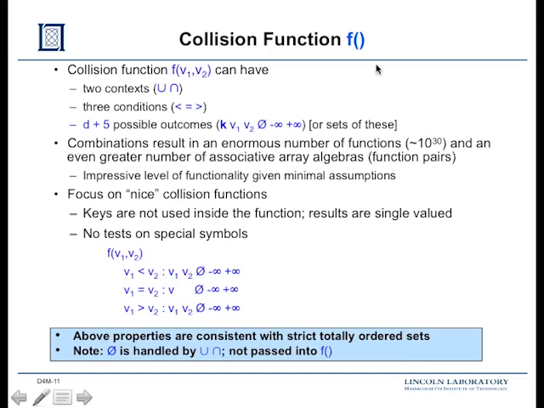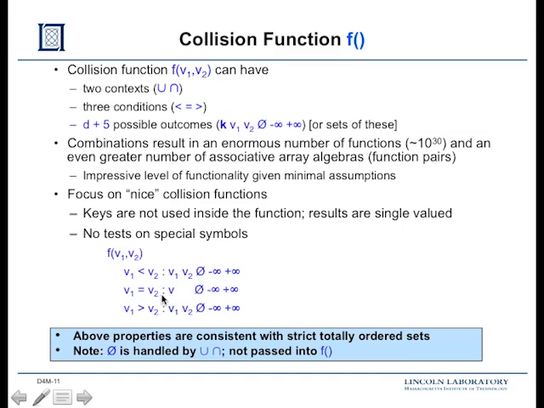So we are not going to use keys as outputs to our function here. We will in some contexts, but for this instance, it is the results, and we're going to say the results are always single valued. We're not going to expand our values to be sets of values, although in certain contexts we will do that, but mathematically let's restrict ourselves. We're going to do no tests on special symbols, and we're just going to say our collision function can be, if we have v1 less than v2, the answer can be one of these 5.